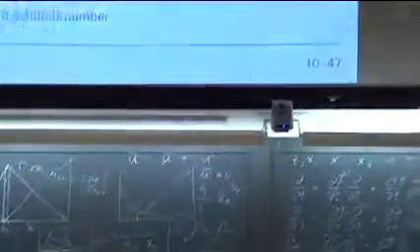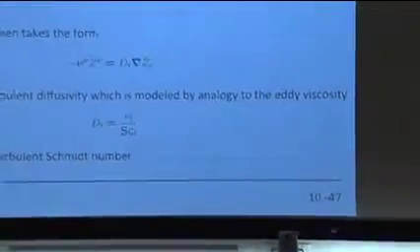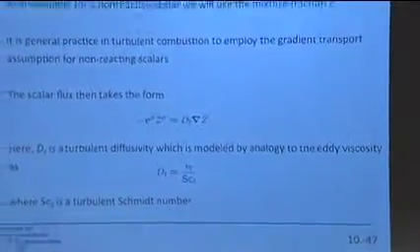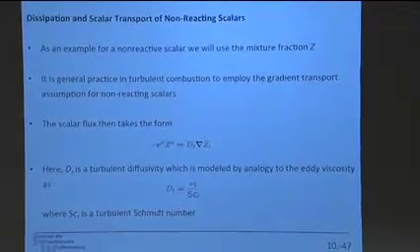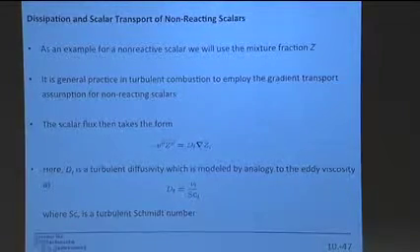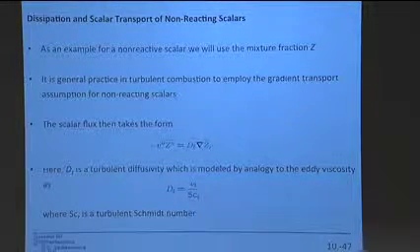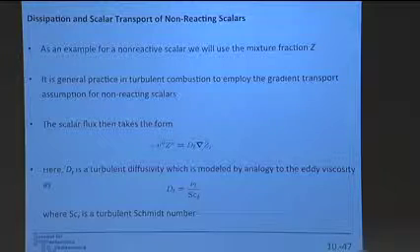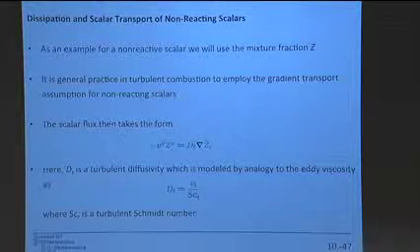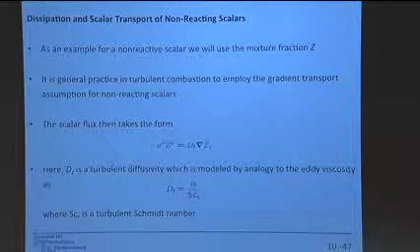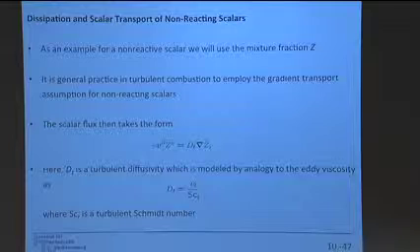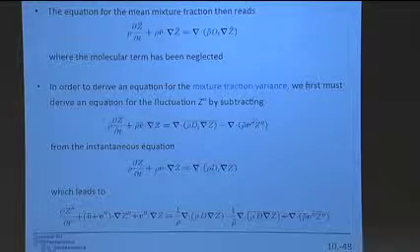Here we assume the turbulent Schmidt number, nu t over D t, is equal to 1 or 0.7, which is what people often use, and that relates the diffusivity back to the viscosity. And for the eddy viscosity, we had a model earlier that was based on the k-epsilon model. That's how we model the scalar flux in these equations.